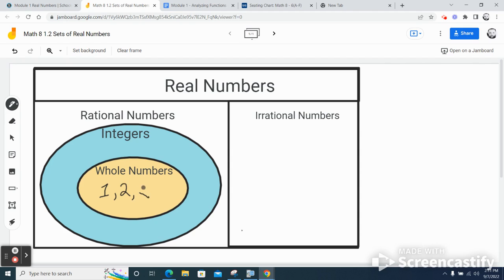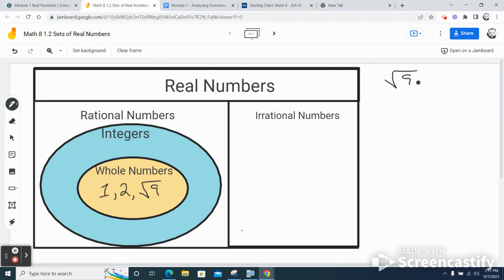What about the square root of 9? Is that a whole number? Okay, well, what is the square root of 9? I'm sorry, I wrote down the wrong answer.